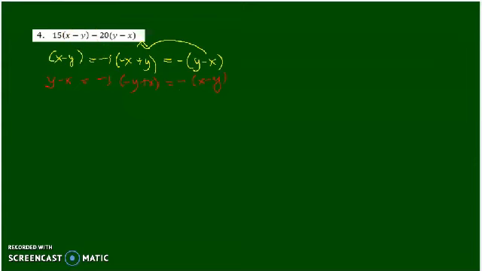Okay. In this case, the polynomial has two sets of factors. Let's have the first one. So, express y minus x into x minus y.